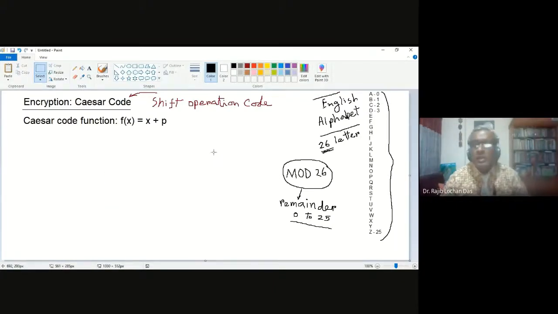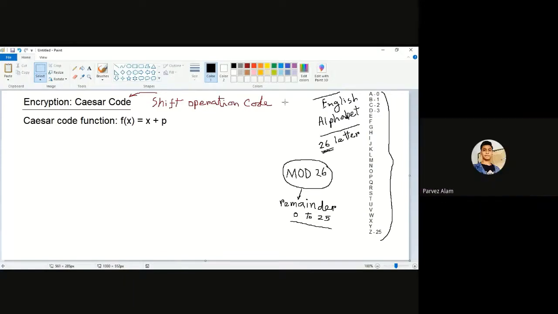Is that okay? Anyone has any question with that? No, sir. Okay, so you understand the mod operation, the calculation technique and the remainder.